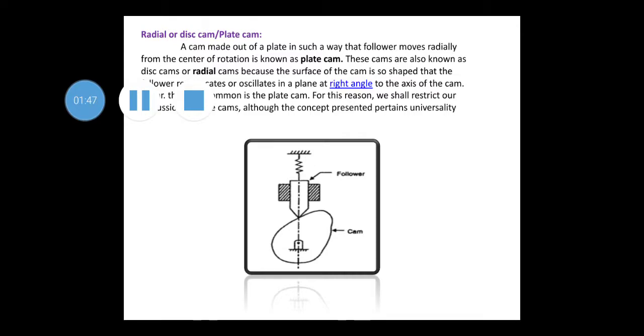A cam made out of a plate, such that the follower moves radially from the center of rotation, is known as a plate cam. This cam is also known as a disc cam or radial cam because the surface of the cam is shaped so that the follower oscillates in a plane at right angles to the axis of the cam.